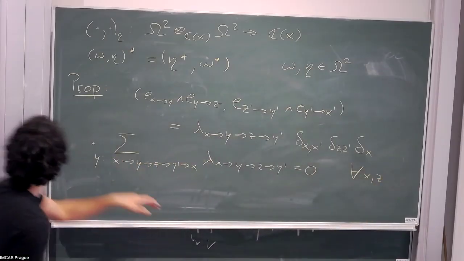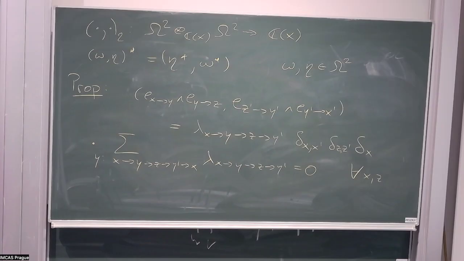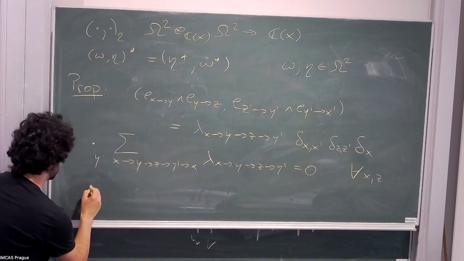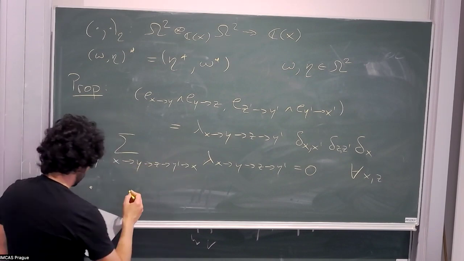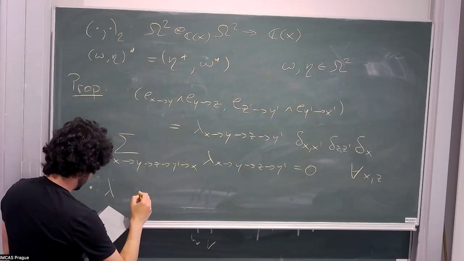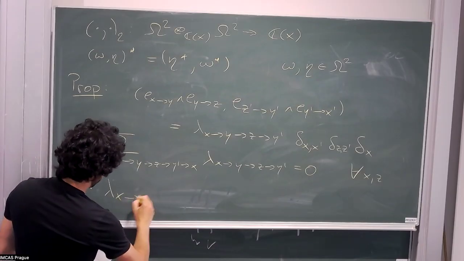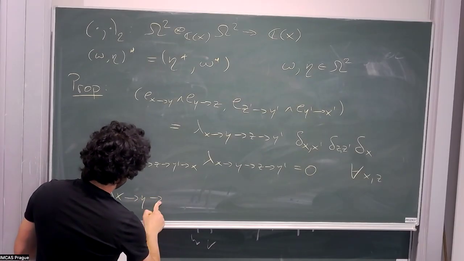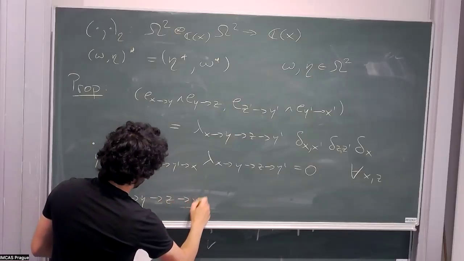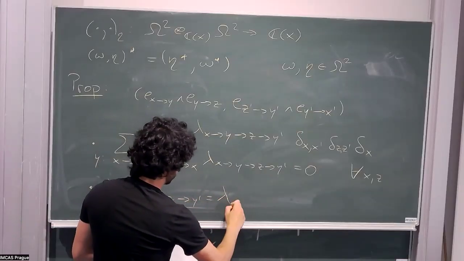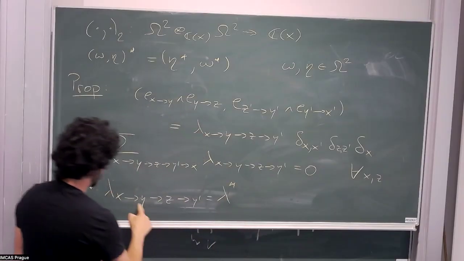And this essentially comes due to the relations here. So we just recover this condition on the weights. And then the reality condition just tells us that x, y to z to y prime is equal to the complex conjugate of switching y and y prime.